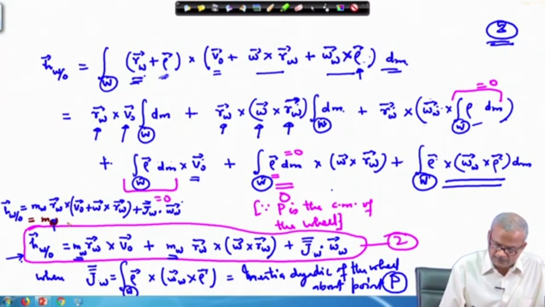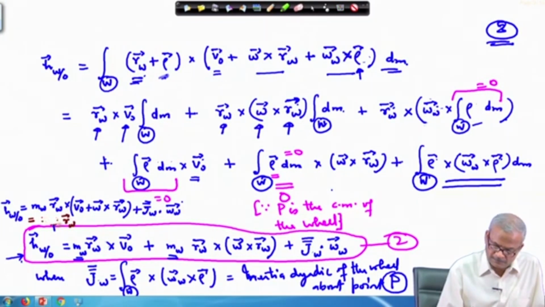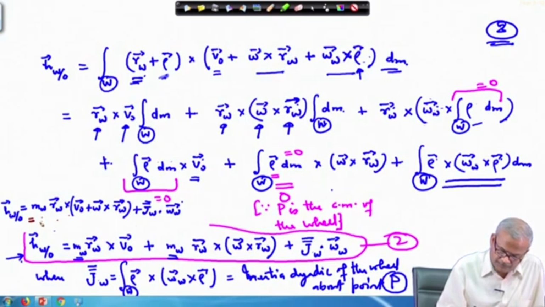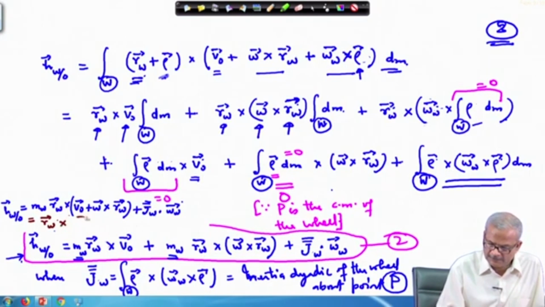m_W r_W. We keep r_W here cross m_W, this is the velocity of the center of mass of the wheel.